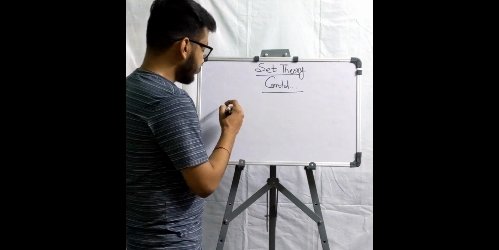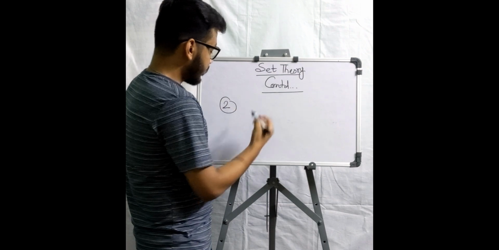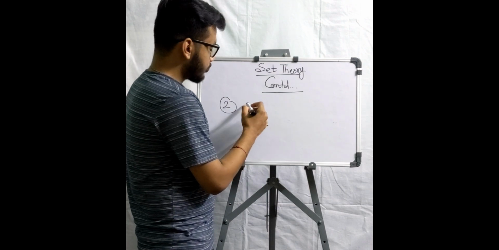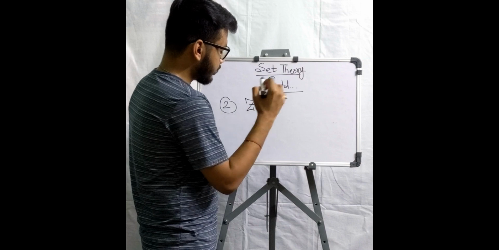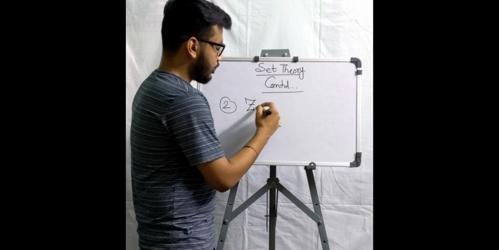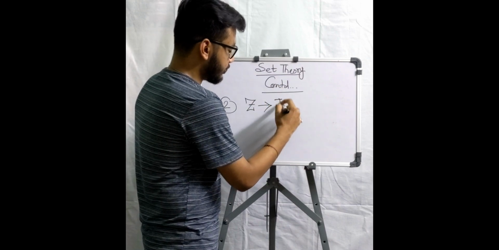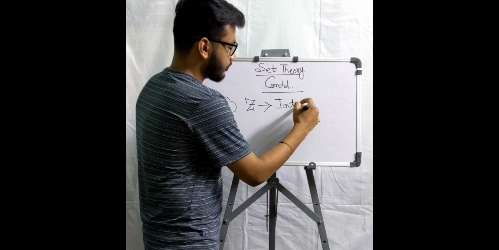Secondly, we are going to understand what integers are. Integers are denoted by Z. So Z means integers. Now what are integers?